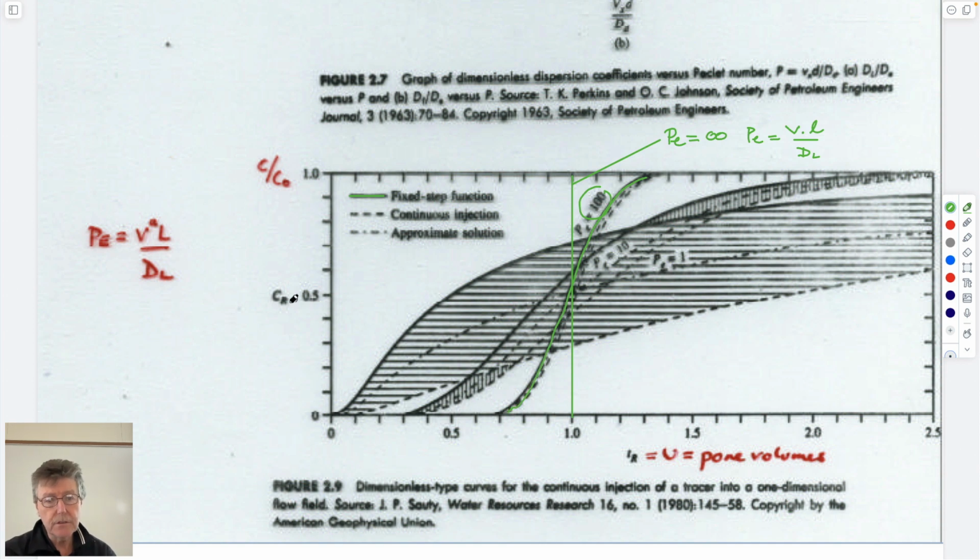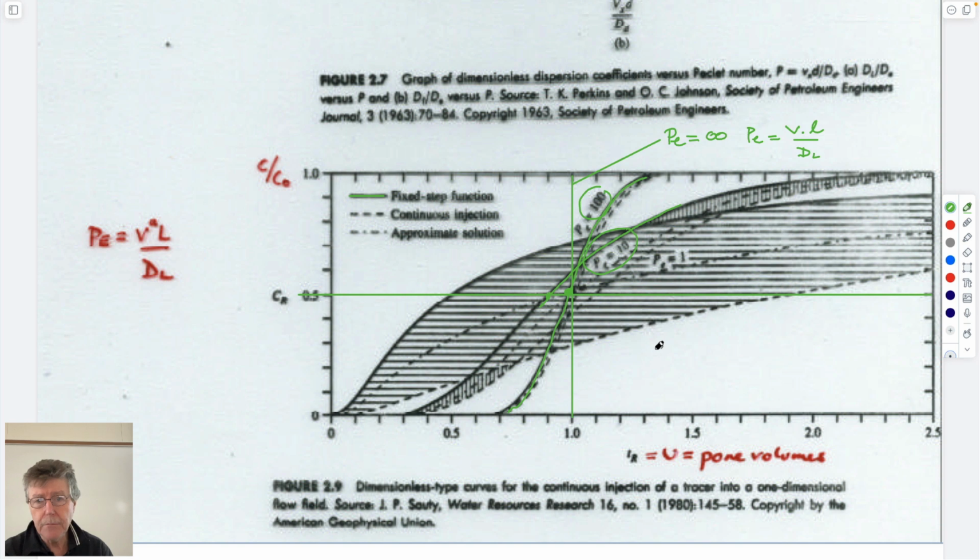And I guess you note that it's quite useful that it still goes through, I think it does go through 0.5. Right? This ordinate is essentially 0.5. If the Peclet number is equal to 10, again, which is this, this is the solid curve for that. It doesn't quite, the 0.5 value is not directly on this ordinate, it's in advance of it.